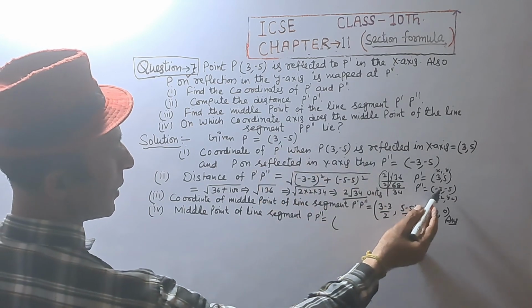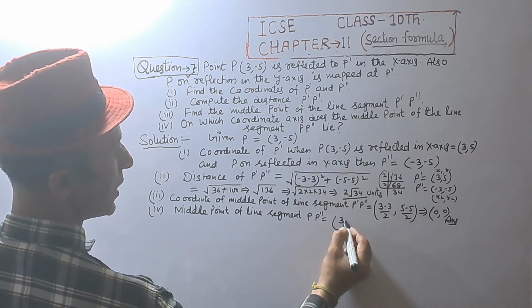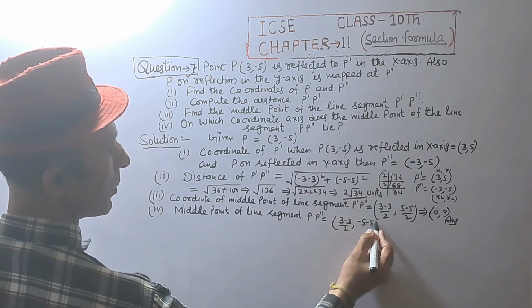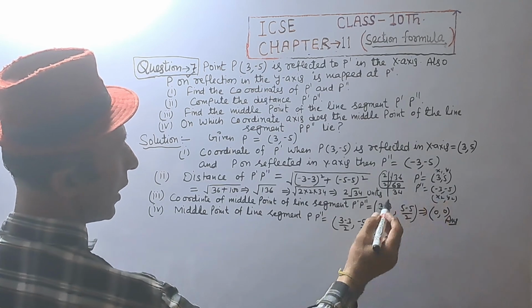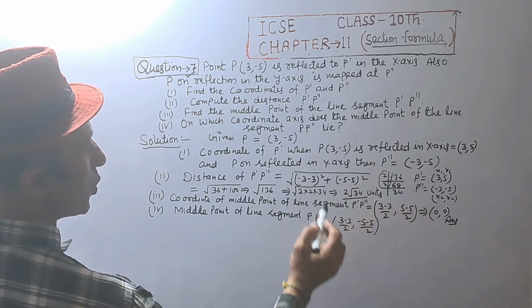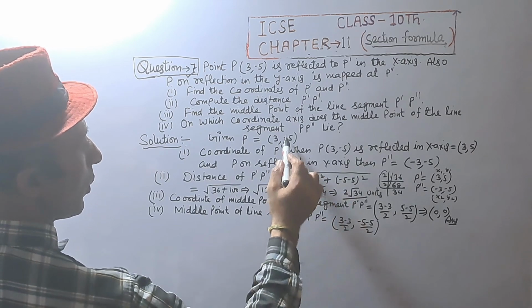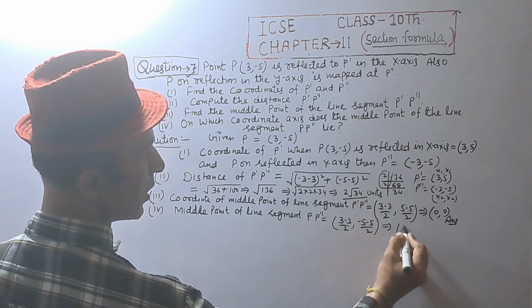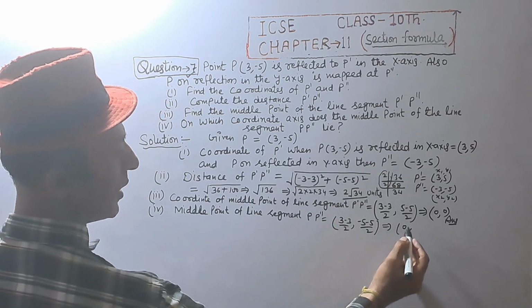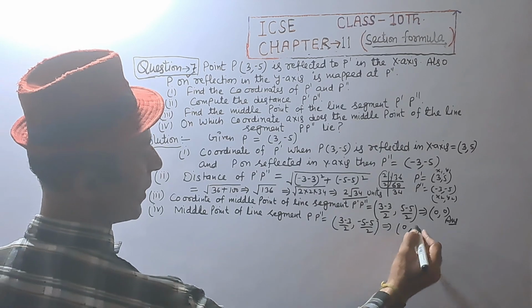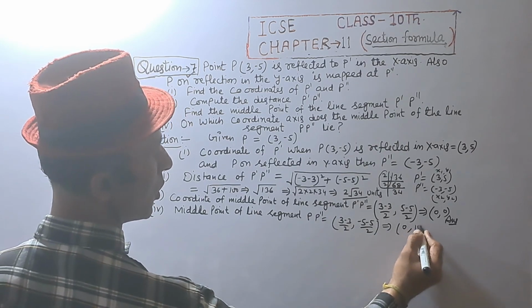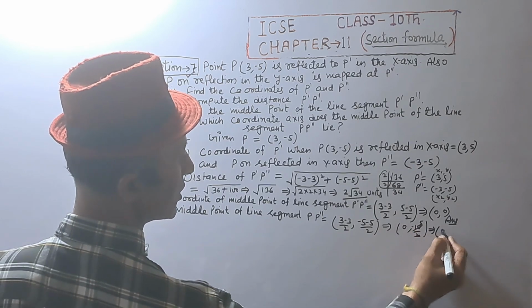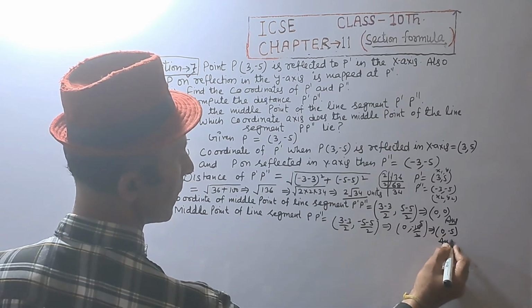That is (x1 plus x2) upon 2, (3 minus 3) upon 2, comma (y1 plus y2) upon 2, which implies we get 0, and minus 10 upon 2, which is minus 5. So we get (0, -5). Answer.